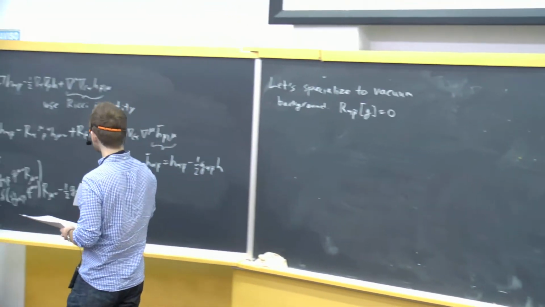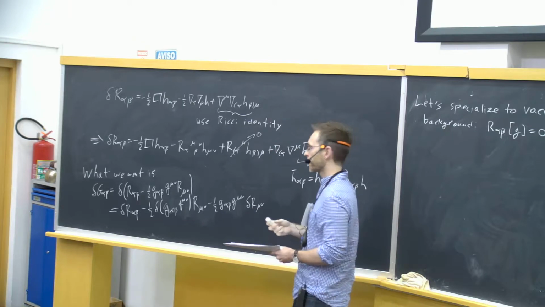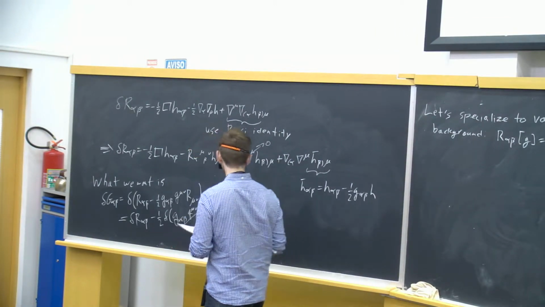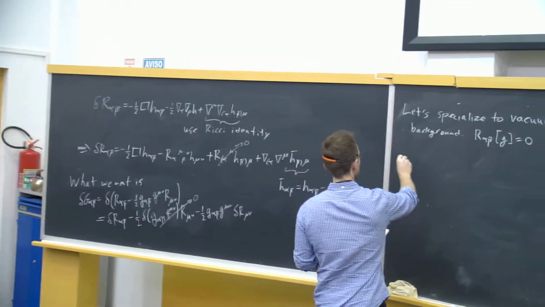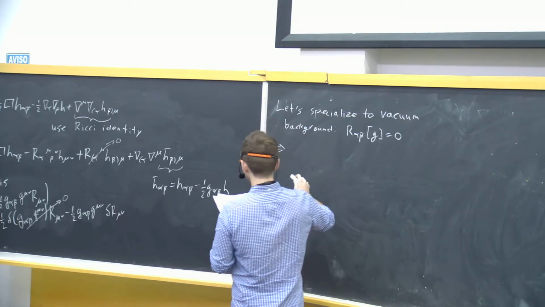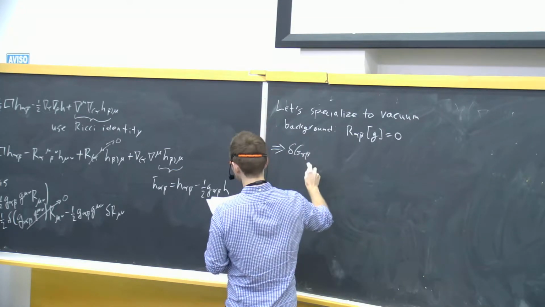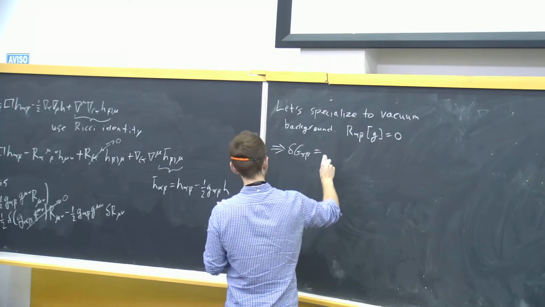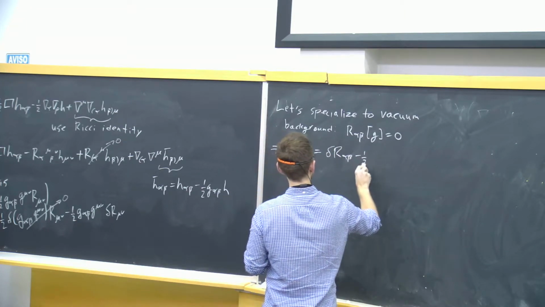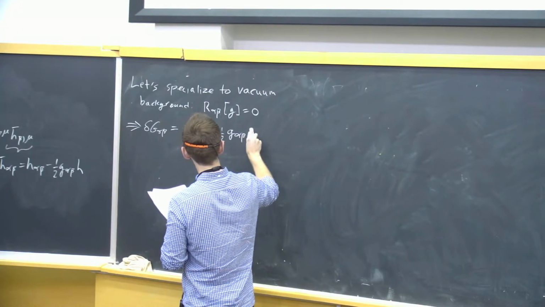So this term is now 0, and this term is 0. We now have that the variation of the Einstein tensor is just the trace reverse of the variation of the Ricci tensor.